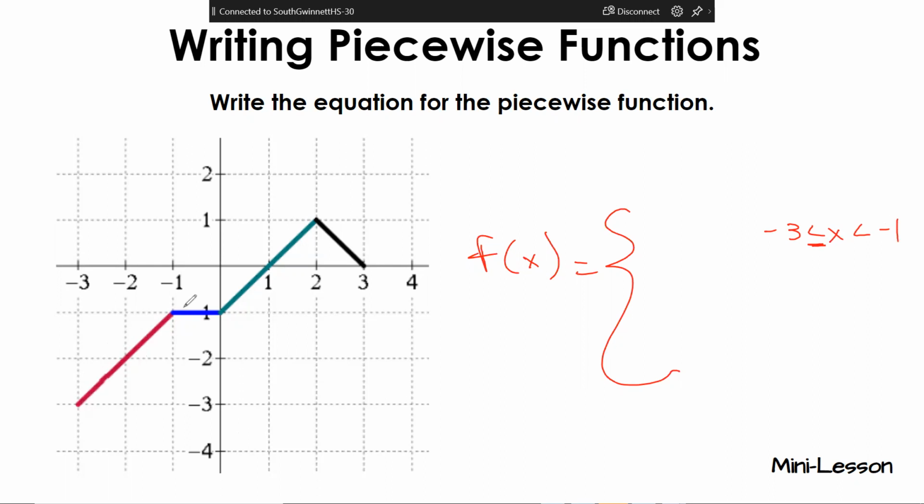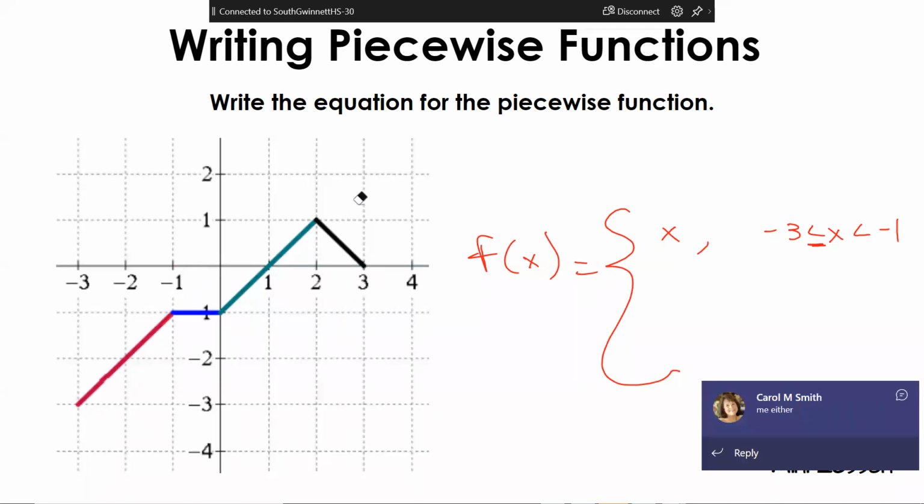Now let's write the equation for this. If we extended this line completely, we see that it's going to cross at y equals 0. We also see that the slope is going to be up 1 over 1. So the equation for this one is going to be y equals mx plus b, which is going to be x plus 0. Okay.